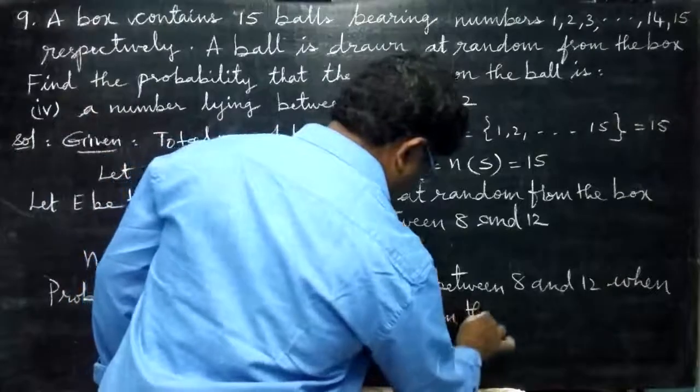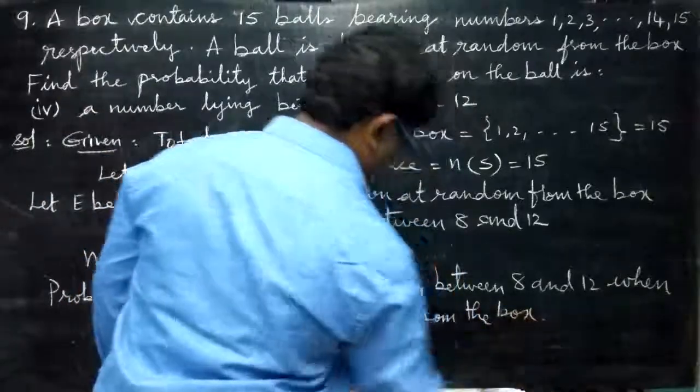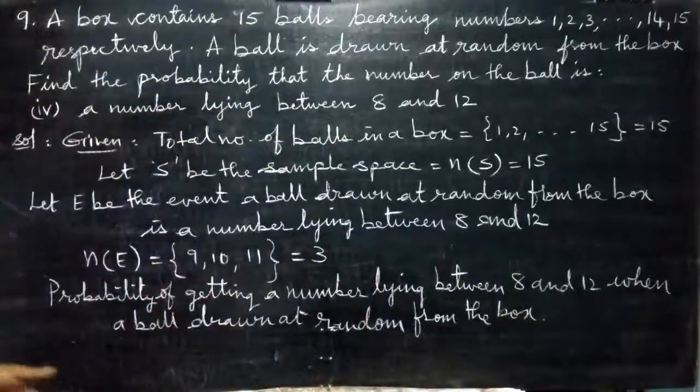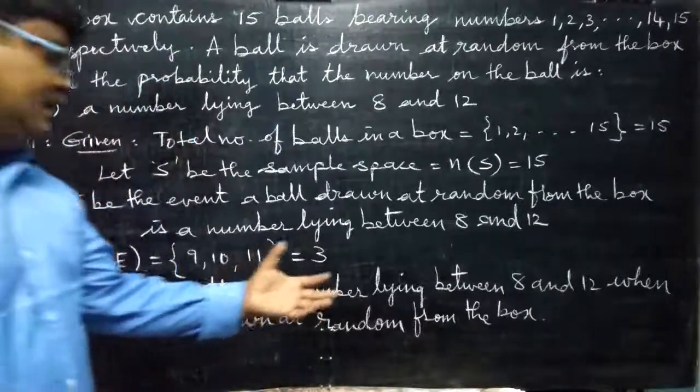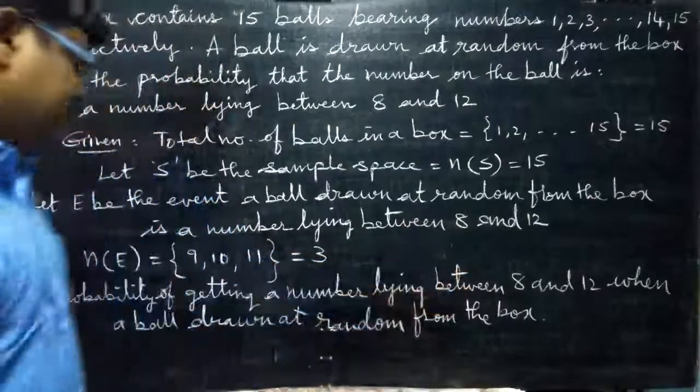This all you have to write clearly. A ball is there in a box, we are drawing at random, and that ball should be between 8 and 12.